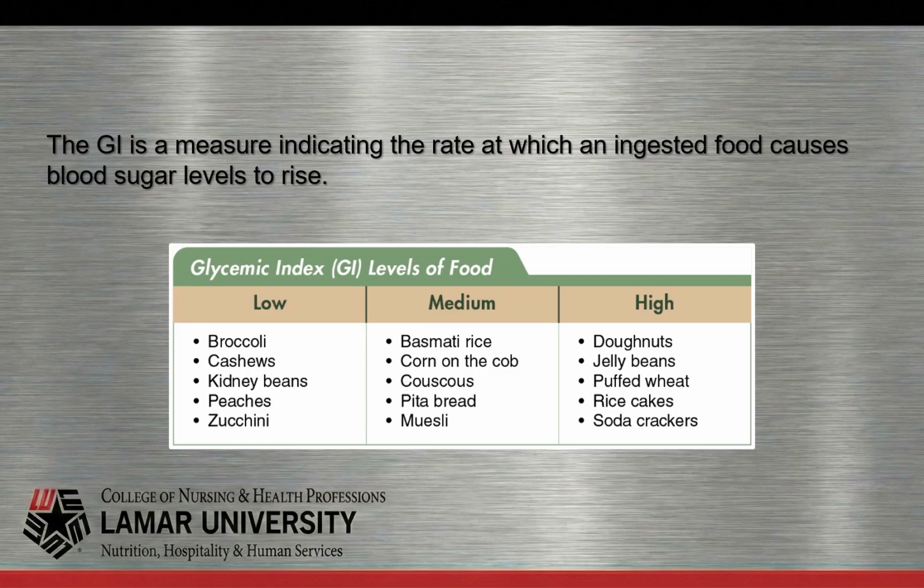Diabetes is characterized by abnormal blood glucose levels and insufficient or ineffective insulin production. The glycemic index, GI, is a measure indicating the rate at which an ingested food causes blood sugar levels to rise.